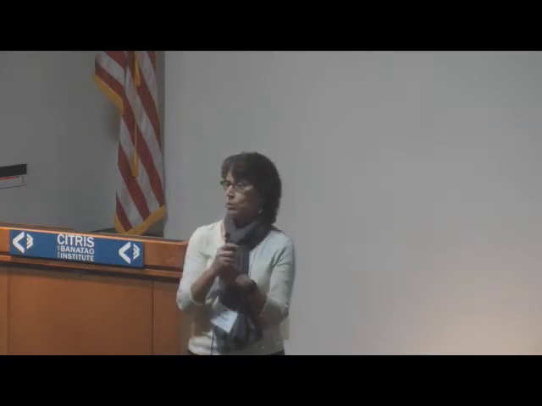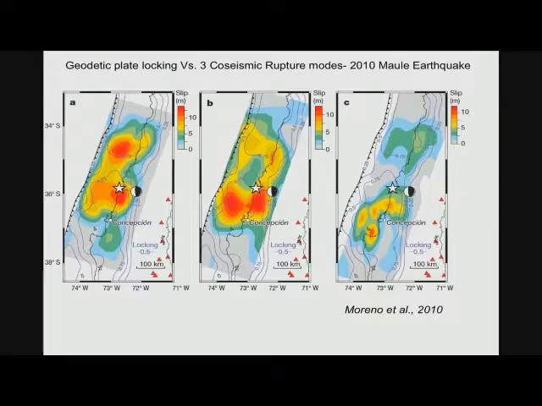I'm going to show you a couple more examples, but our ability to get precise inversions for locking and for slip still has room for improvement, to actually be able to look at this correlation and feel really confident that from a locking model we can determine exactly where asperity or slip in the earthquake is.